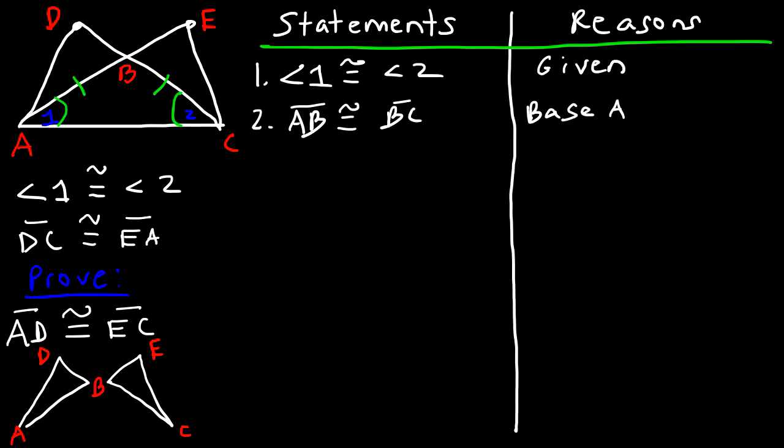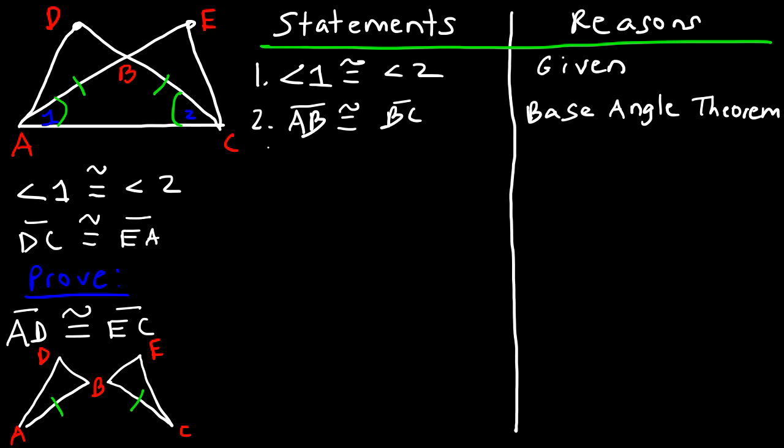Within a single triangle, if the angles are congruent, then the opposite sides are congruent. So far, we've been dealing with congruent angles of two separate triangles, but whenever you have two angles congruent within a single triangle, then the opposite sides will be congruent based on the base angle theorem. So right now we know that AB is congruent to BC.